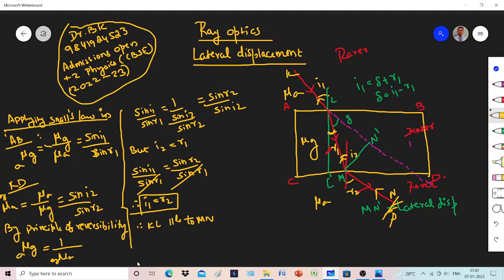Okay, so I want only lateral displacement. Let us now find the expression for lateral displacement. I want lateral displacement this MN dash, correct? This is what I want. So I want to find this lateral displacement MN dash.